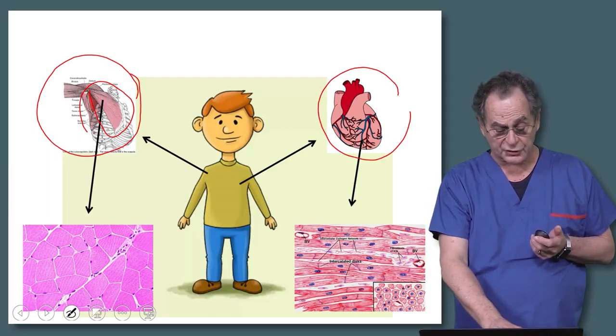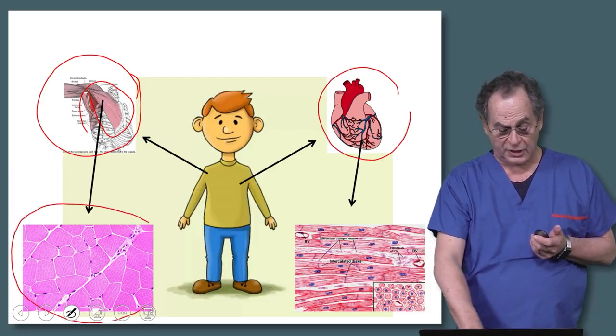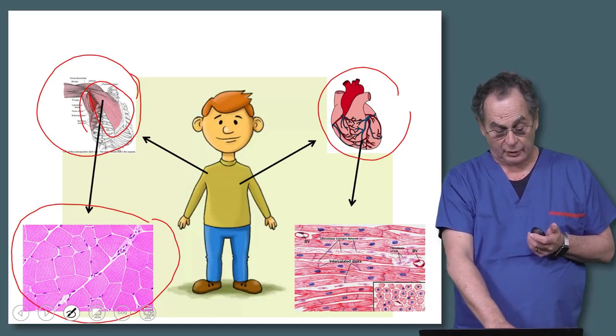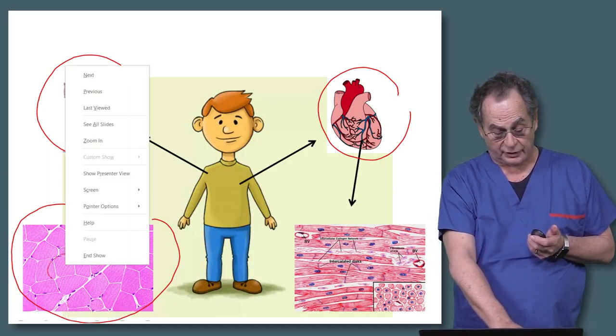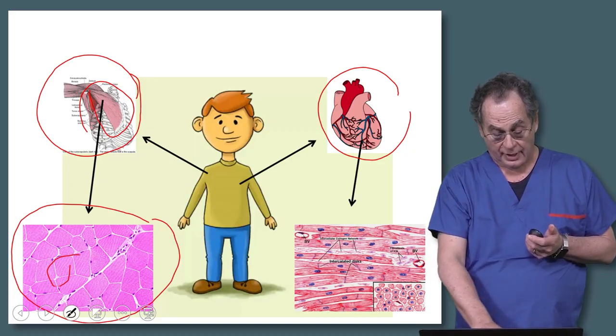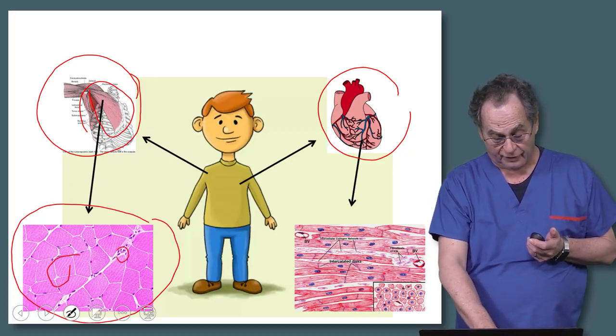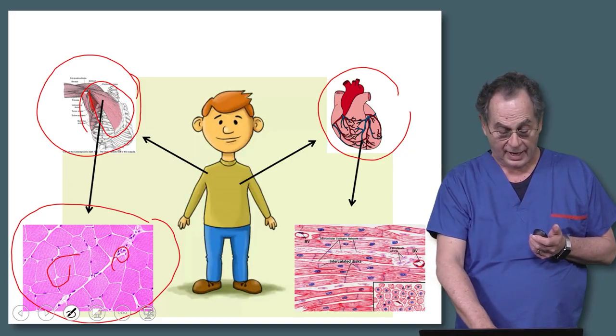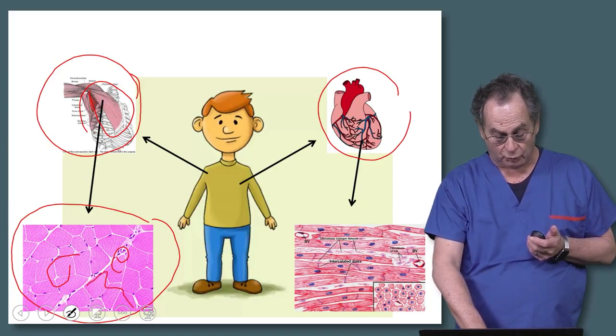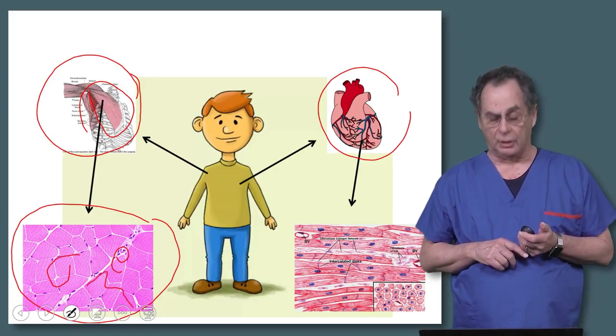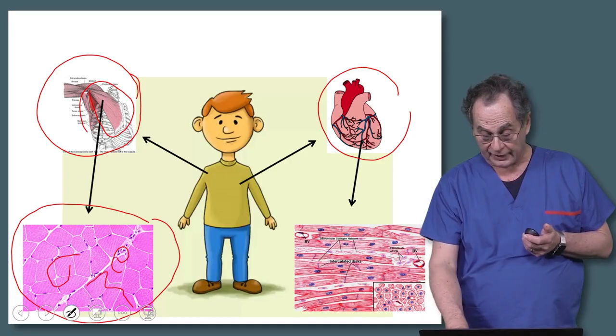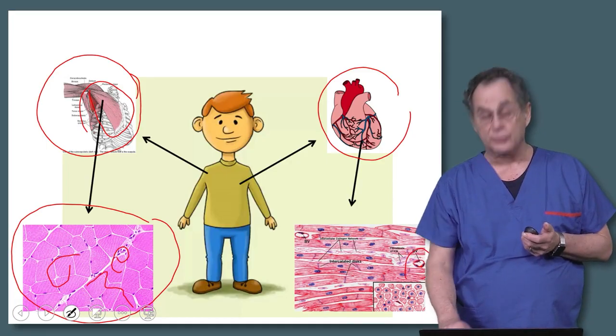If we take a cross section shown here of muscle and look at that tissue, we can definitely see where the cells are, and you can see that there's a vascular compartment here, and then this interstitial compartment, which is the space between the cells. And if we look at the heart, again, we can see a vascular structure.